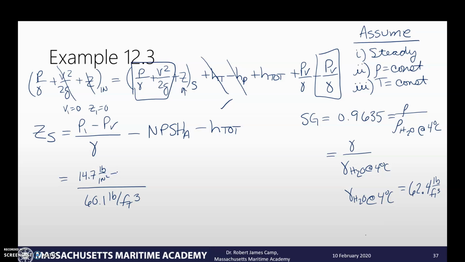Subtract that vapor pressure head, 11.52 pounds per inch squared. You can see these units don't work out, so we need to convert this top, 12 inches to 1 foot. We have to remember that they're squared, so we have to square our conversion. We're going to subtract from that the net positive suction head available.